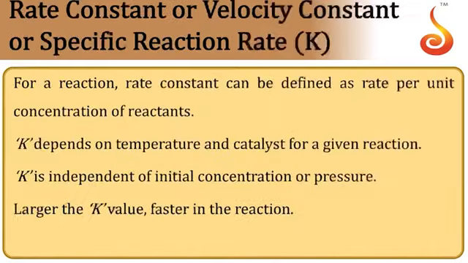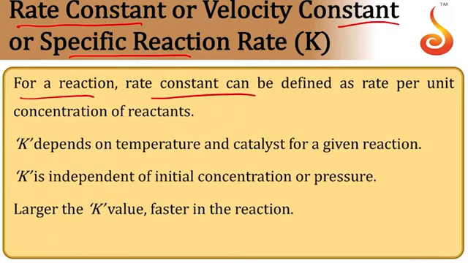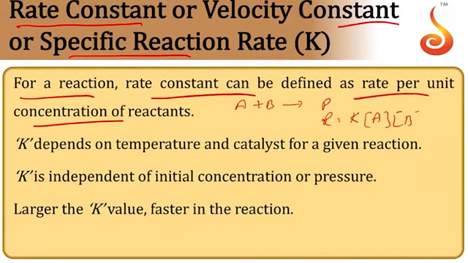Then comes the meaning of specific rate, that is the rate constant or specific reaction rate or velocity constant. For a reaction, the rate constant can be defined as rate per unit concentration of reacting substances. For example, when you take a reaction like A plus B giving rise to products, rate is equal to K into [A] into [B].